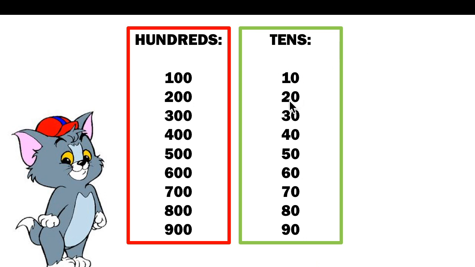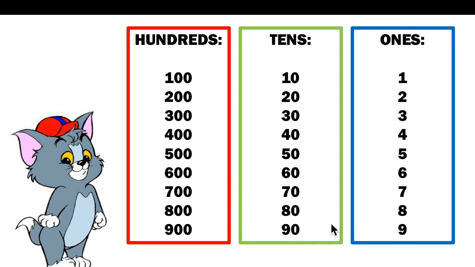If you have 2 tens, we call it 20. 3 tens, we call it 30. 4 tens, 40. 5 tens, 50. 6 tens, 60. 7 tens, 70. 8 tens, 80. And 9 tens, 90. The tens have only 1 zero. And here are ones. Numbers 1, 2, 3, 4, 5, 6, 7, 8, and 9. These are ones.